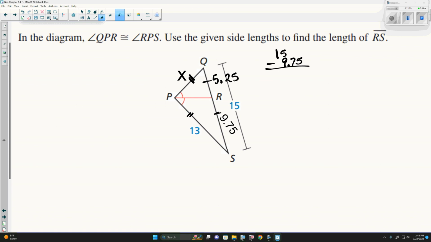Now to set up the proportion, I have x over what? X over 13 is equal to 5.25 over 9.75.